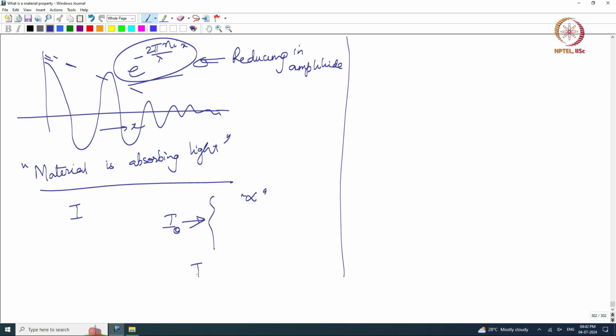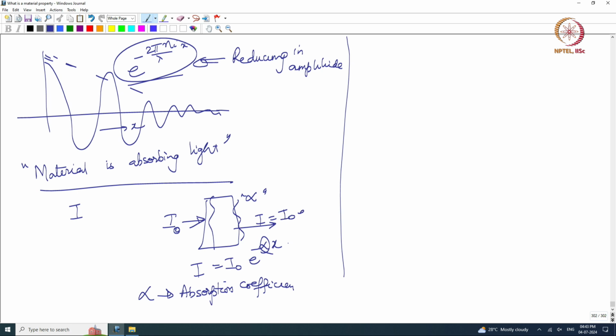So the I that comes out of this material will be I equal to I naught times e power minus alpha times t or x. Okay. So this alpha is what is called the absorption coefficient. This is my material, and the light that comes out here will be I naught e power minus alpha times x. If this is x, right.